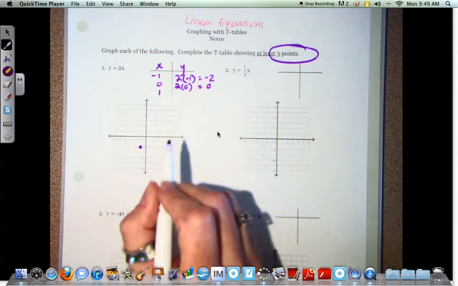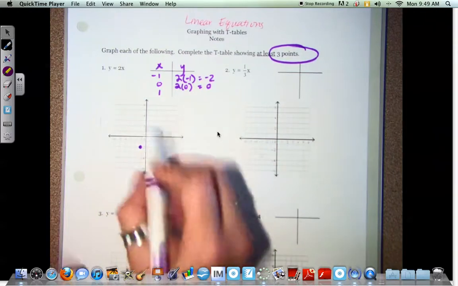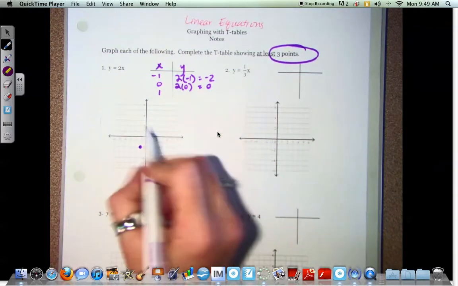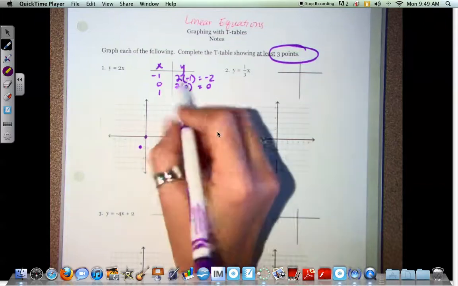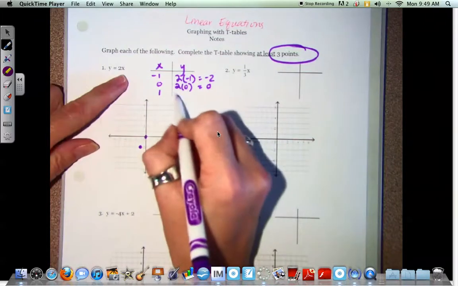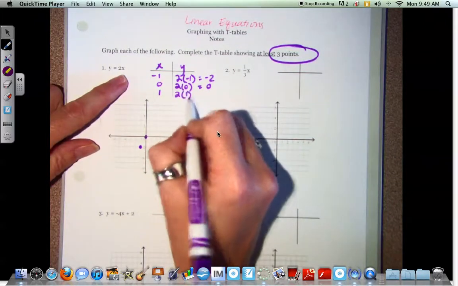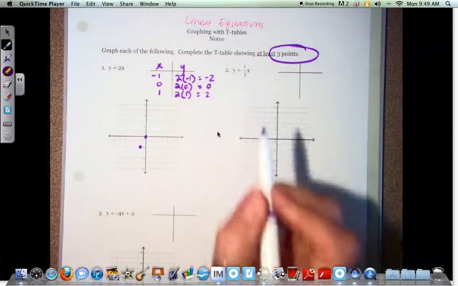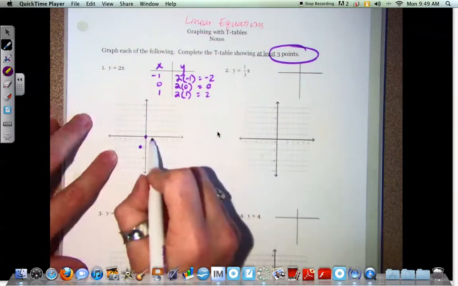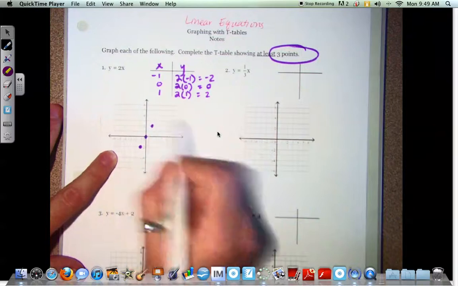So our coordinate is 0, 0. Make a dot. Now we substitute 1 into our equation, so we have 2 times 1, which equals 2. So we go over 1 and up 2.